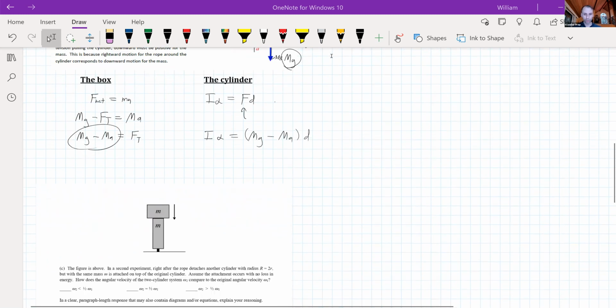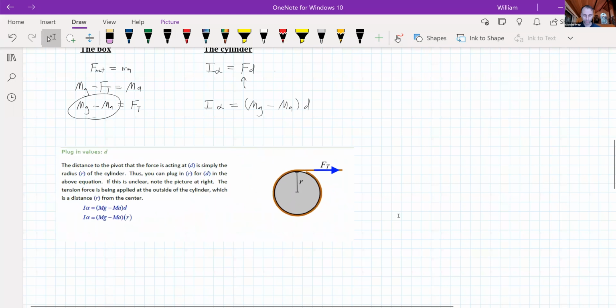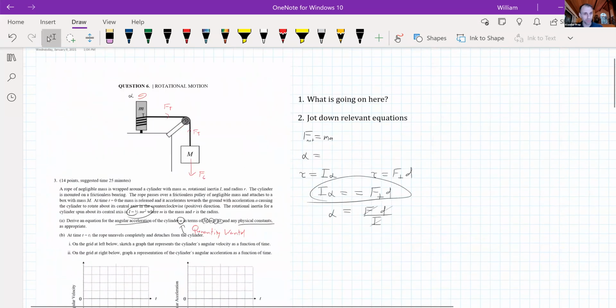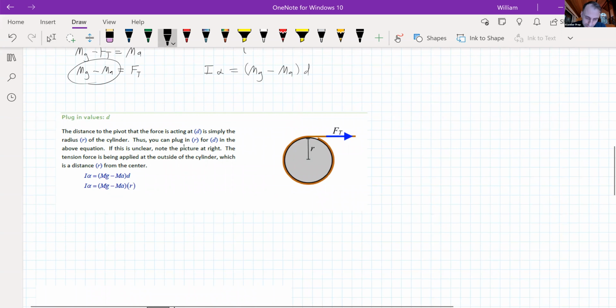Now, a quick overhead view of this problem, of this cylinder. This is an overhead view of the cylinder, right? What we're looking at here is a top-down view of this cylinder. Now, the tension is pulling the cylinder, right? And the distance at which that tension acts is the radius.